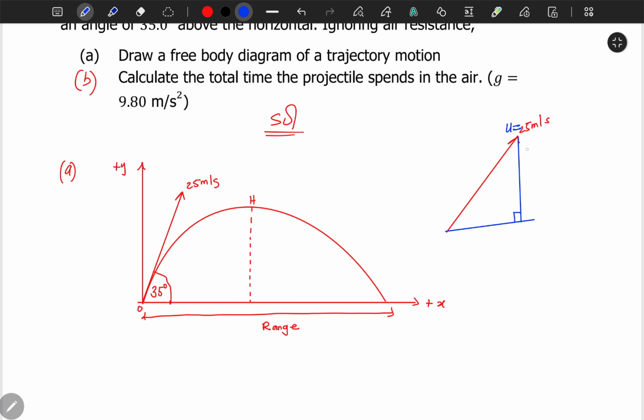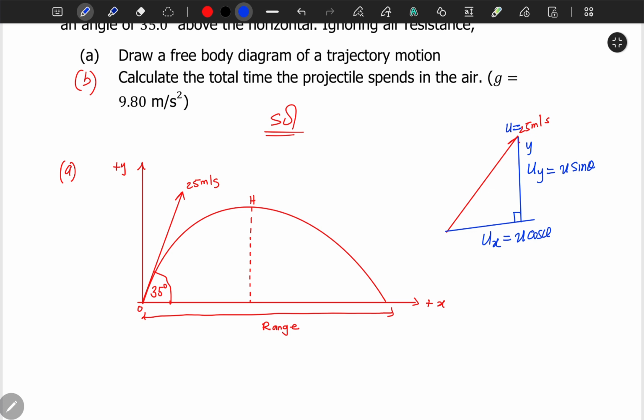So our uy will be u sine theta, and our ux will be u cos theta. This is very important. Both of these make up the 25 meters per second.